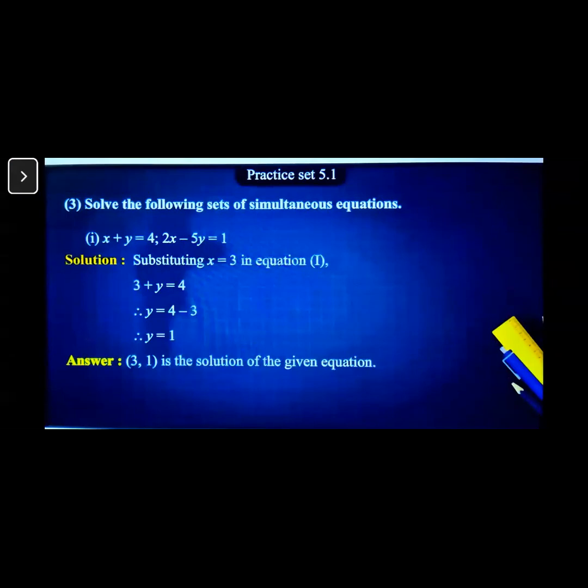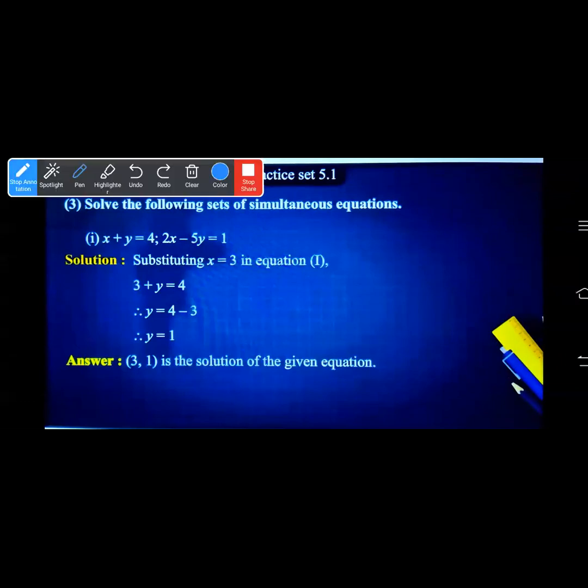Now substituting x equal to 3 in any of the equations, I'm taking equation 1 because it is in the addition form. So 3 plus y is equal to 4. So the value of y is equal to 1. 3 comma 1 is the solution of the given equations.